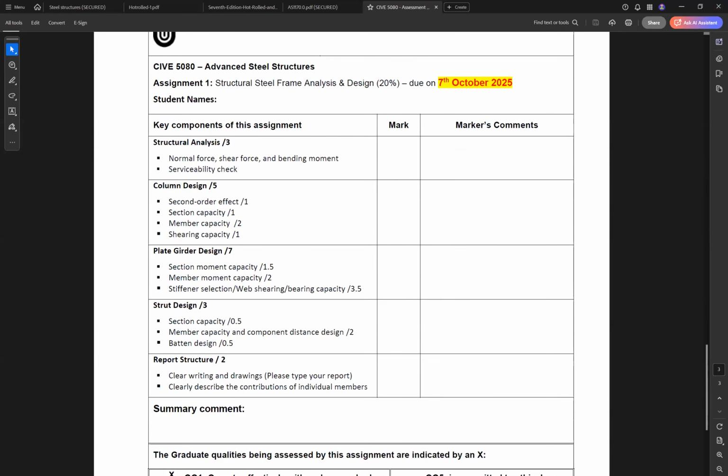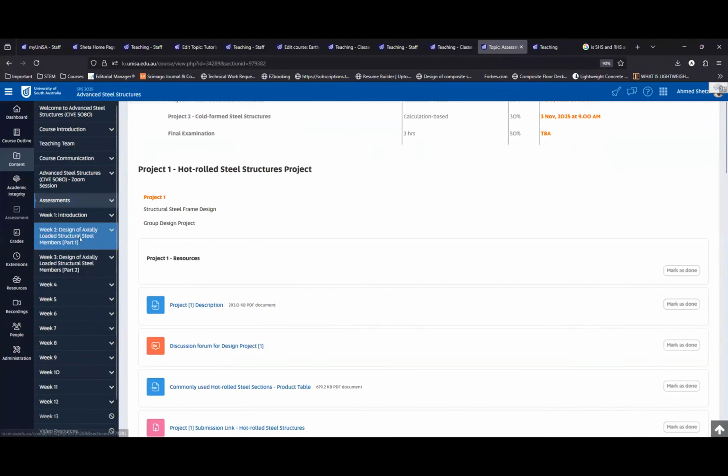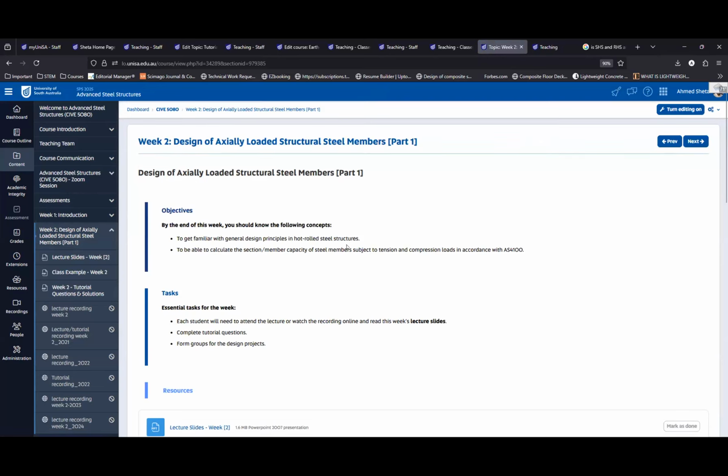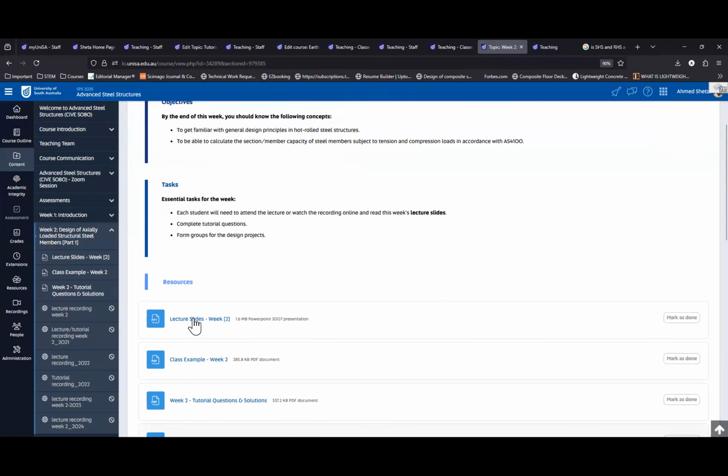So let's return back to our course website. So week 2, we will talk about the axially loaded members, and in the lecture we have the slides and the class example, and in the tutorial we have 2 tutorial questions we will discuss together in the class.